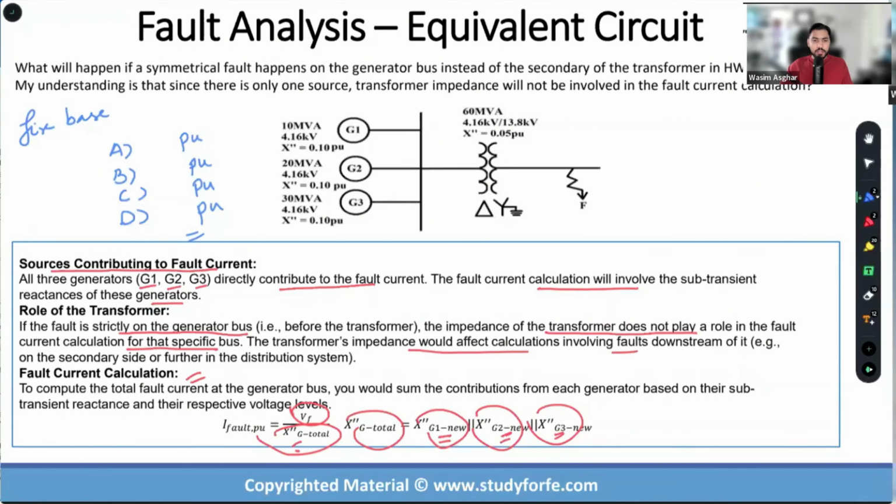But if they are silent, if they don't provide any base values, floating base values, let's say, or discretionary base values, then A, B, C, D have to be actual values, amps, because regardless of the base that you select, the actual values remain unchanged.